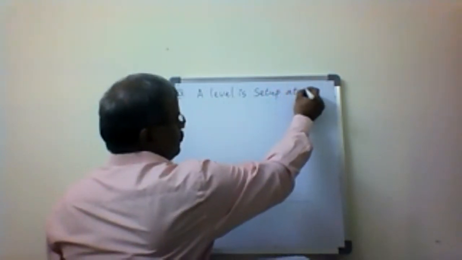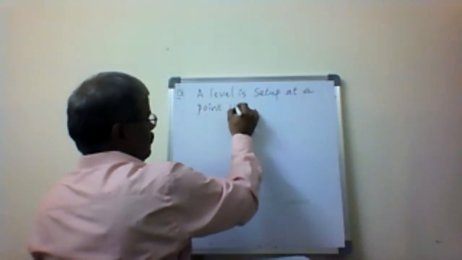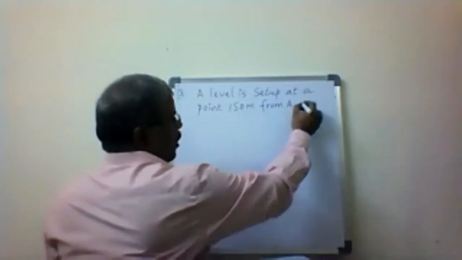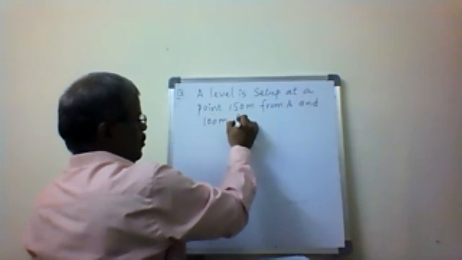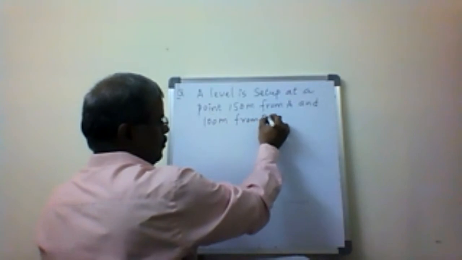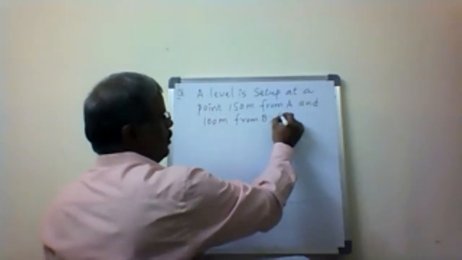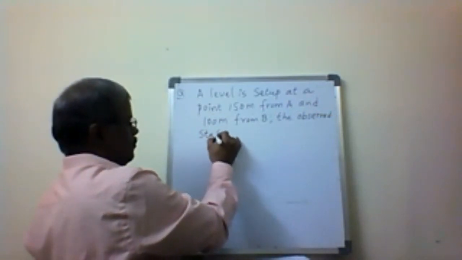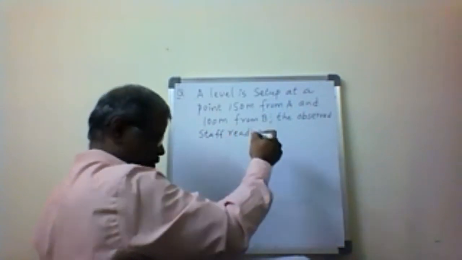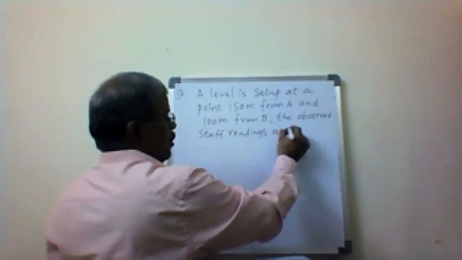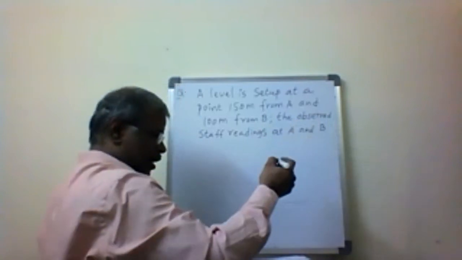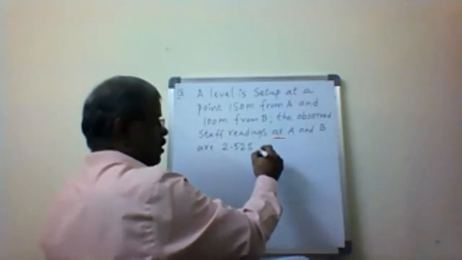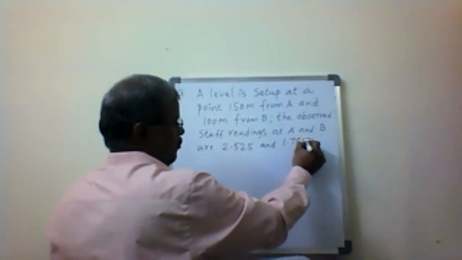The problem is that a level is set up at a point 150 meters from A and 100 meters from B. The observed staff readings at A and B are 2.525 and 1.755.